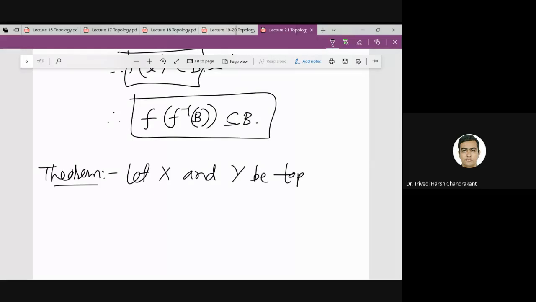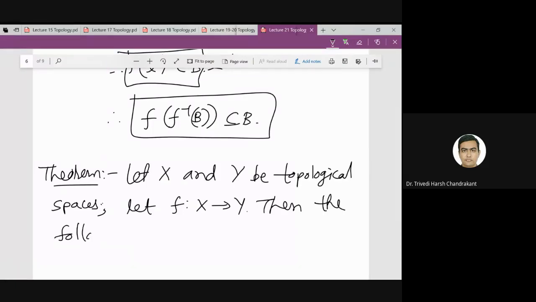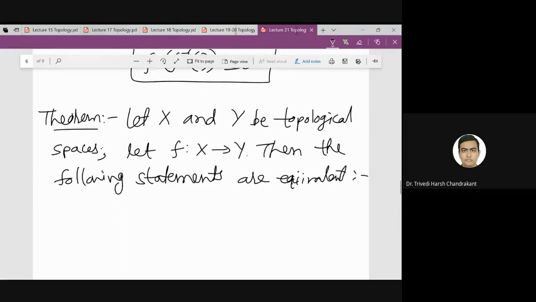Let X and Y be topological spaces and consider a function f from X to Y. Then the following statements are equivalent. The first statement is that f is continuous.